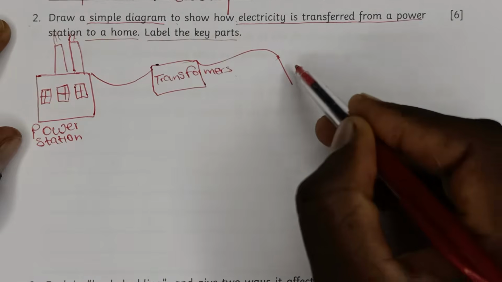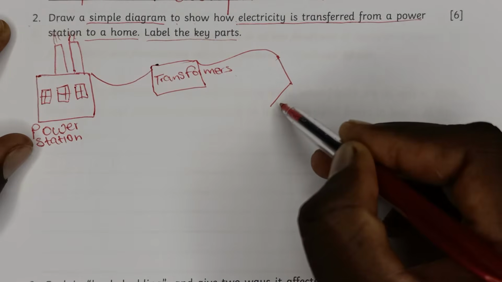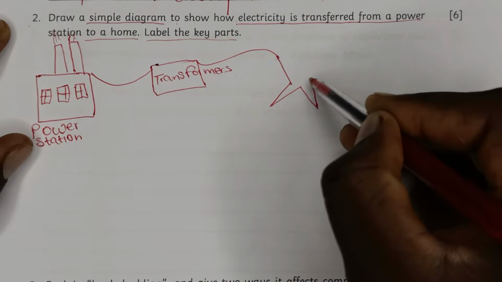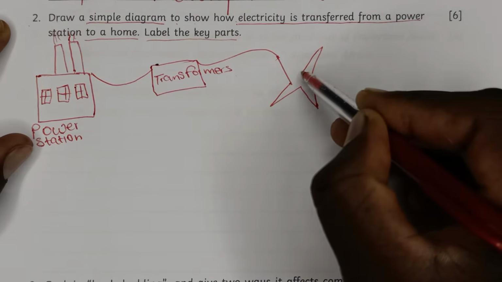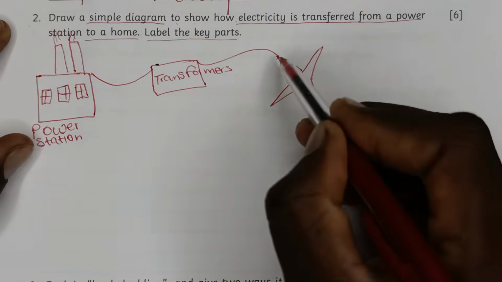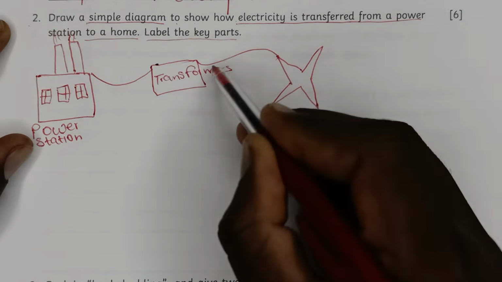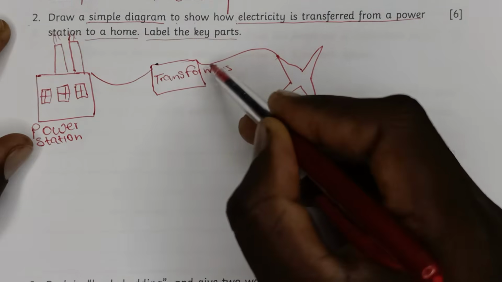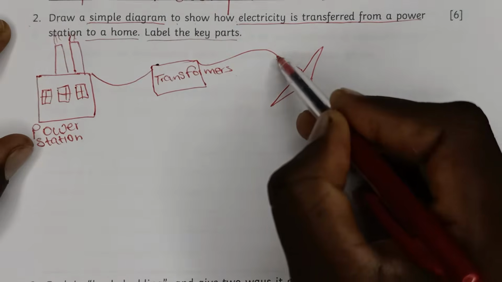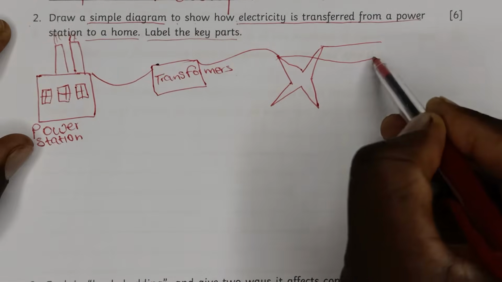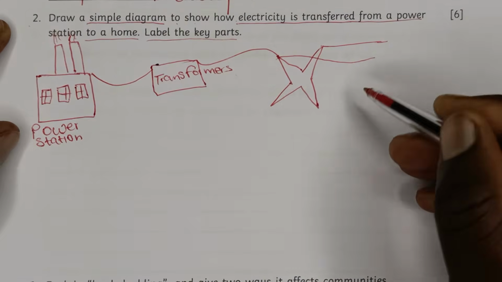We draw the transmission line something like this. So these are the lines where electricity flows, from here they come to the loaner, and then now they continue like this.